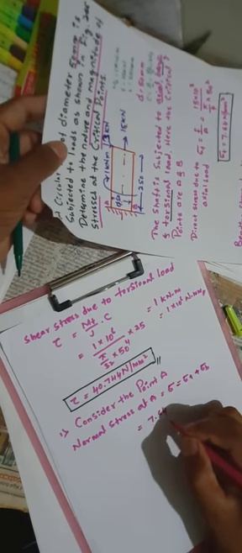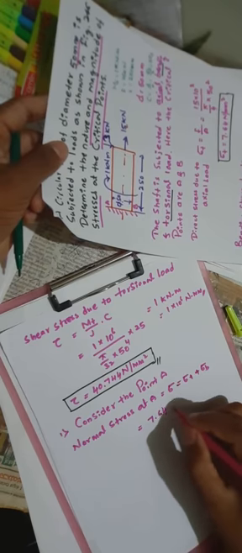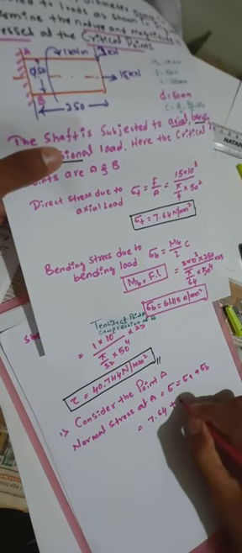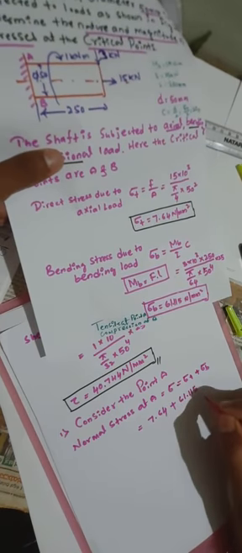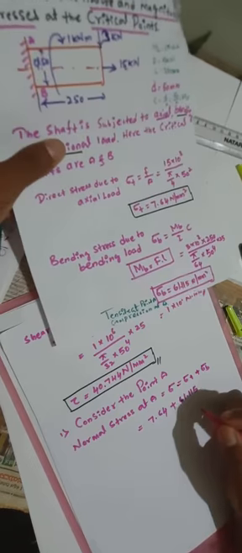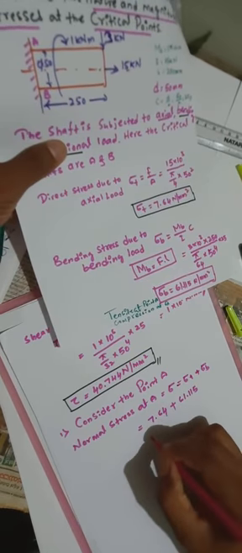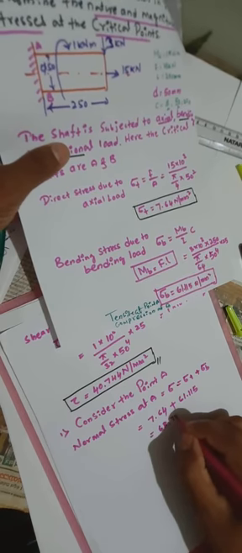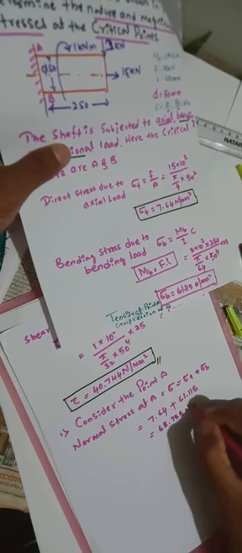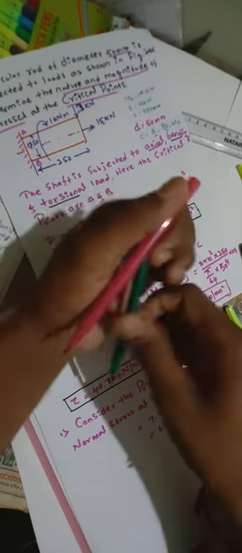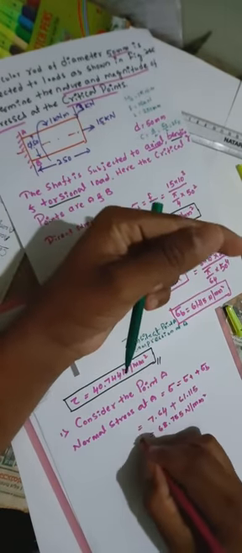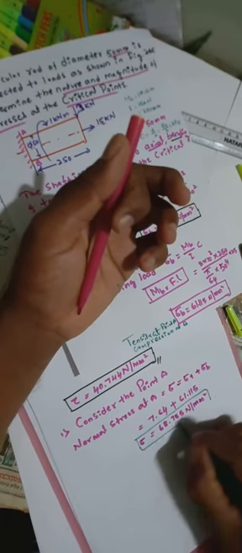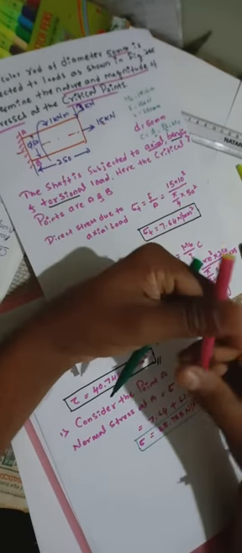The direct stress due to axial load is 7.64, plus the bending stress here, 61.115. If you add these two, you will get around 68.755 Newton per mm square. This is the value of sigma, the normal stress at point A.